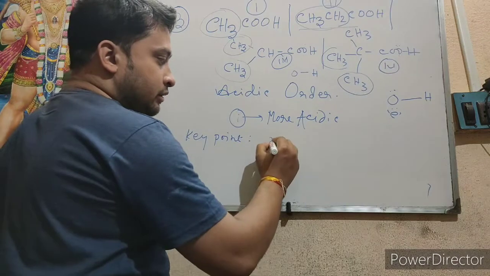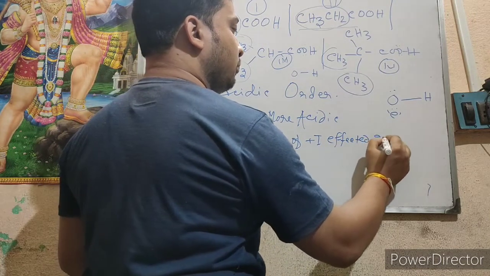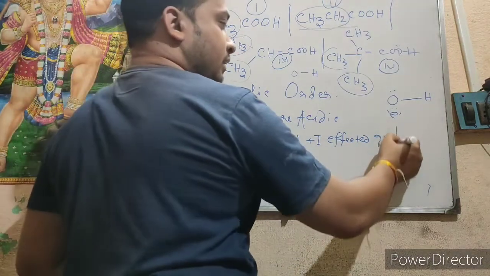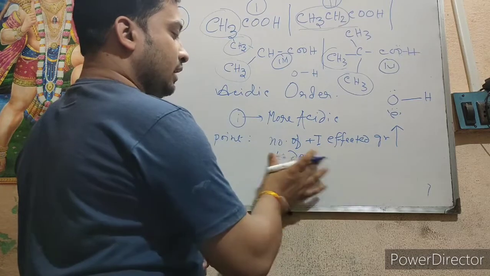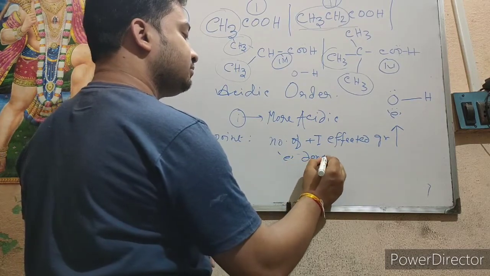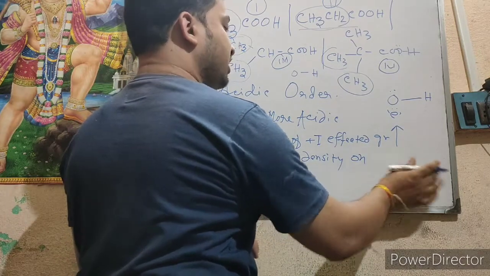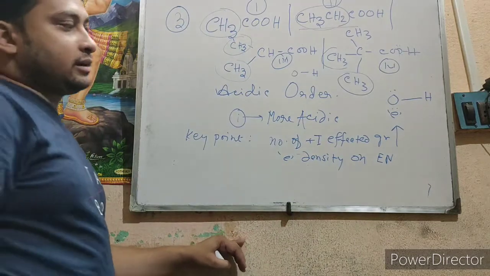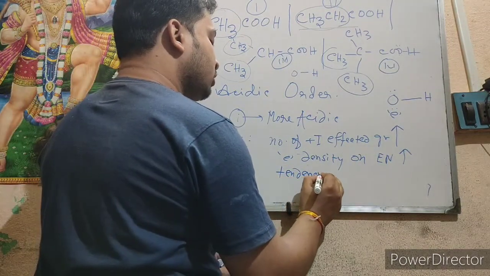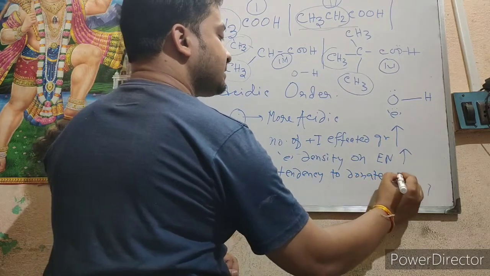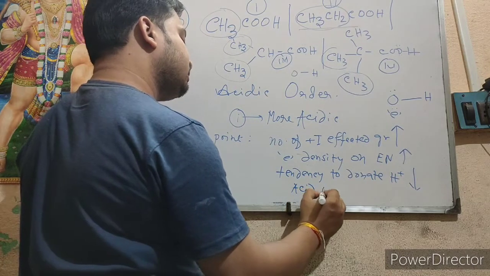Key point: number of plus I affected group increasing, tendency increasing, electron density on electronegative element increasing, electron density on electronegative element increasing, tendency to donate H plus decreasing, so acidic nature decreasing.